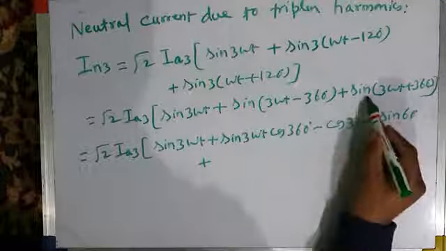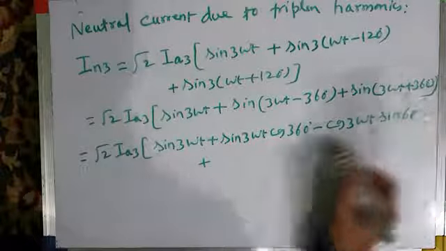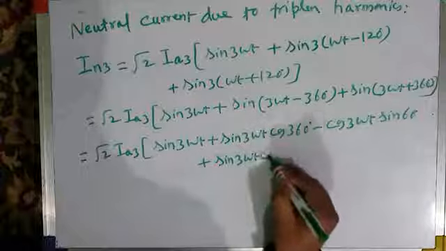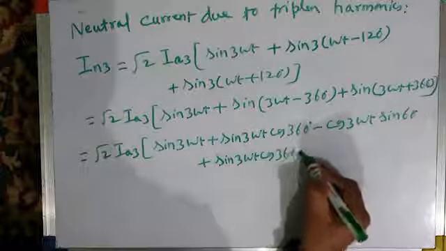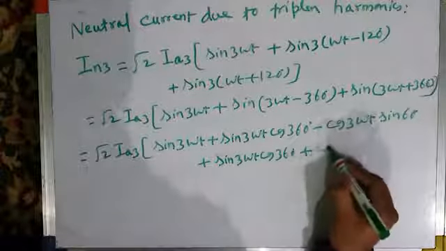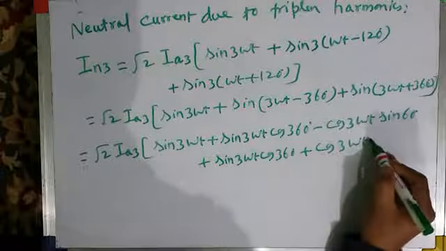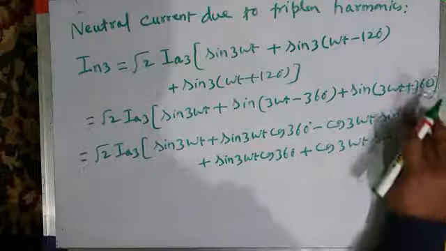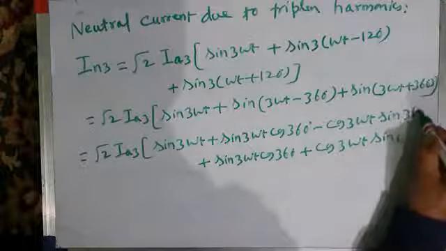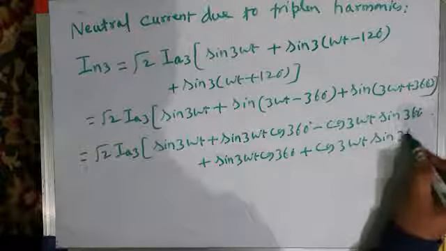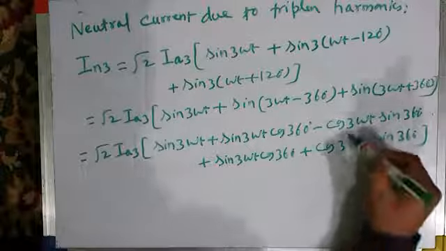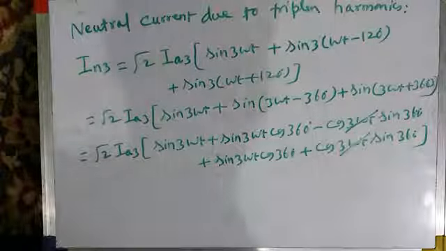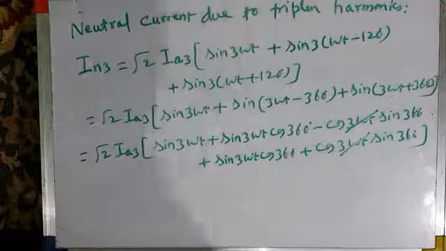Plus then you have sine of A plus B, which is sine A cos B plus cos A sine B. Sine A is sine 3 omega t, cos B is cos 360 degrees, plus cos 3 omega t sine 360 degrees. Now this minus cos 3 omega t sine 360 degrees plus cos 3 omega t sine 360 degrees, this cancels.